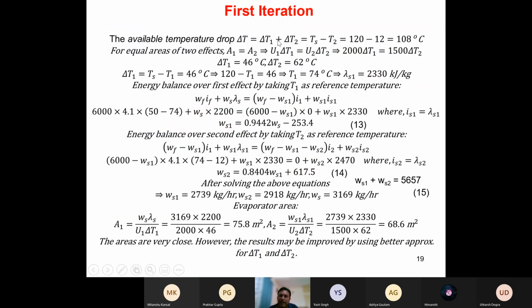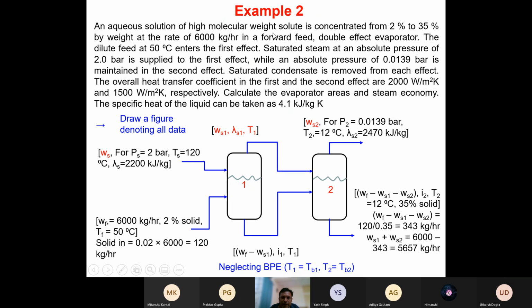So delta T1 plus delta T2, this total delta T we know, that is TS minus T2, 120 minus 12, that is 108 degrees Celsius. Also, if we assume the heat transfer area to be the same and the heat transfer to be the same, then U1 delta T1 equals U2 delta T2. Here U1 is already given in the problem: U1 is 2000 and U2 is 1500.